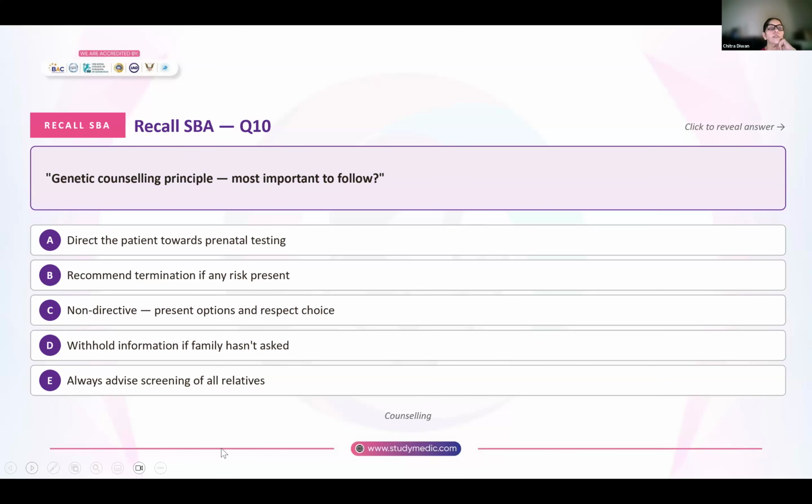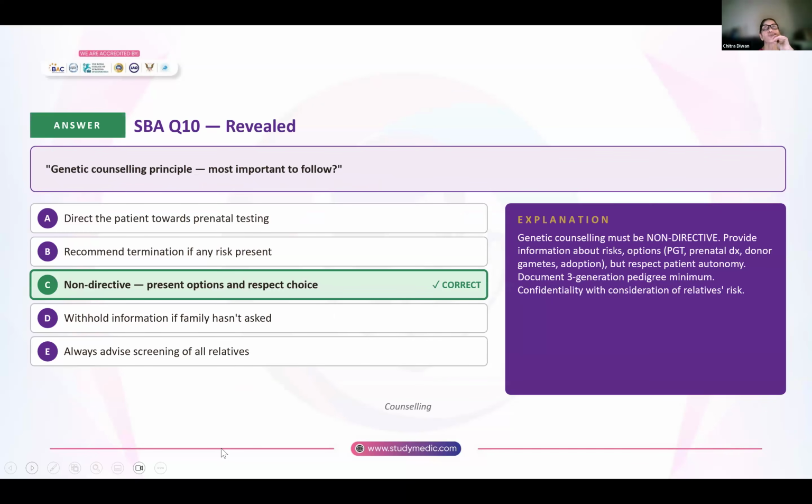In genetic counseling, what is the most important principle to follow? Please remember that it should be non-directive. You will only present the options to the couple or to the individual, and whatever is the choice of the individual or the couple, you will respect that choice.